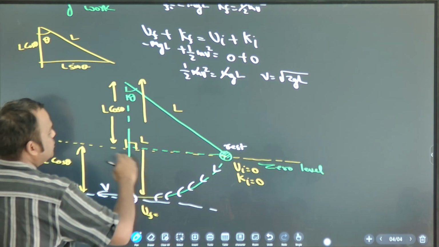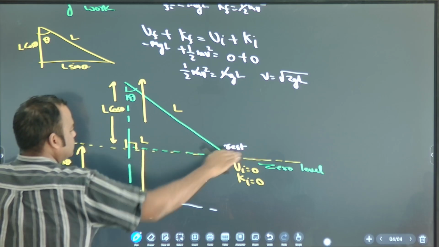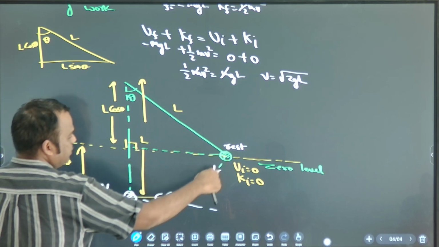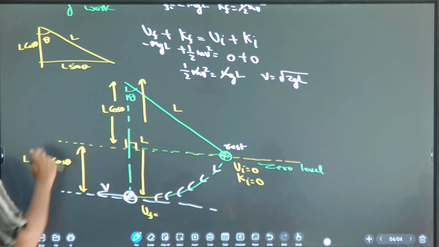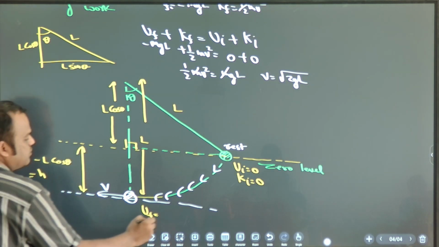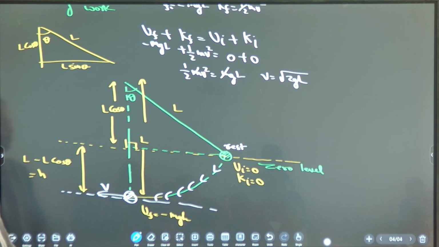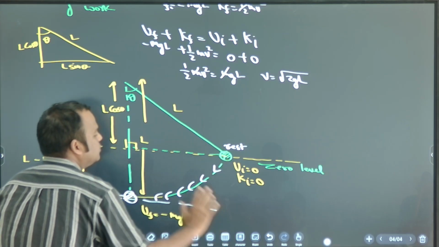So this is 0 level. How much height below are you going from here to here? L minus L cos theta. Okay. So what is the final potential energy? Minus mgh. From this level to this level, how much are you going?